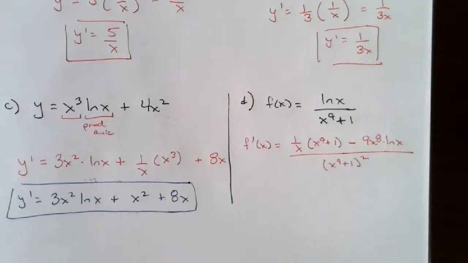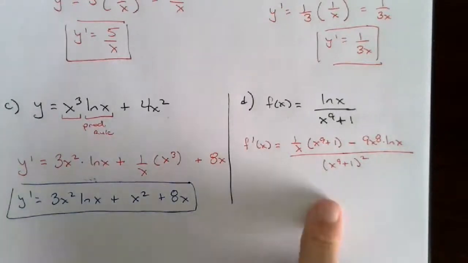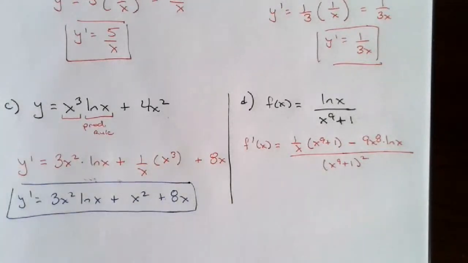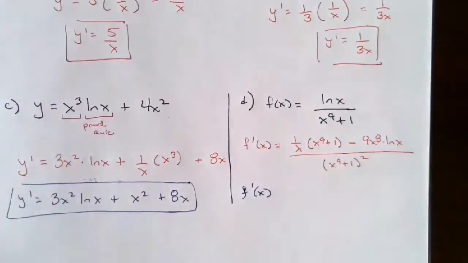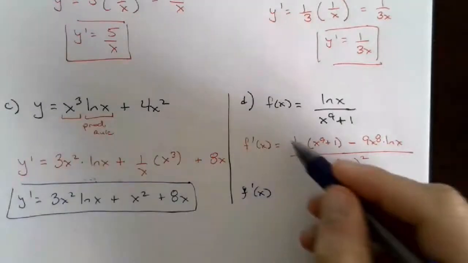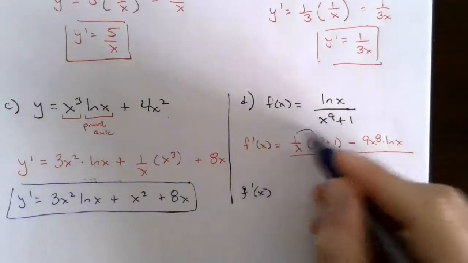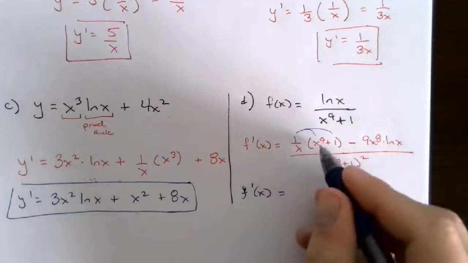If I said do not simplify, you could leave it like this. If I don't say do not simplify, that means I want you to simplify, so we're going to simplify this. I'll distribute the 1 over x through here. So I end up with 1 over x times x to the 9th.